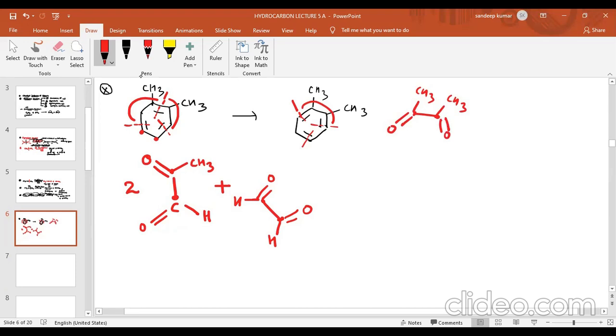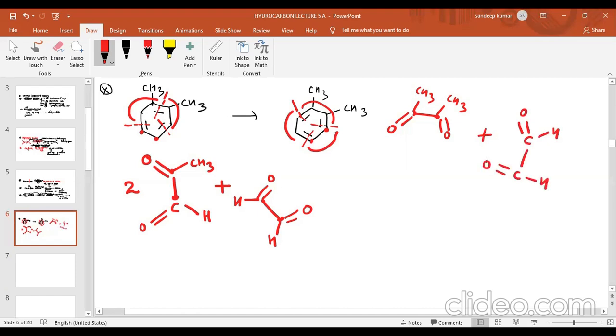Now see another product. When the pi bond breaks, there are 2 carbon atoms, one is this and one is this. So this half and this half. So basically these 2 products are same. So when we draw this product, this is double bond O, carbon and hydrogen. Now this is attached to carbon again, double bond oxygen and hydrogen. So these are the products obtained.